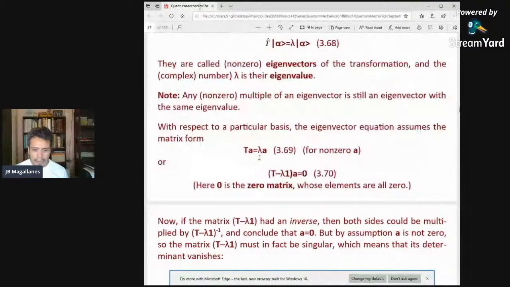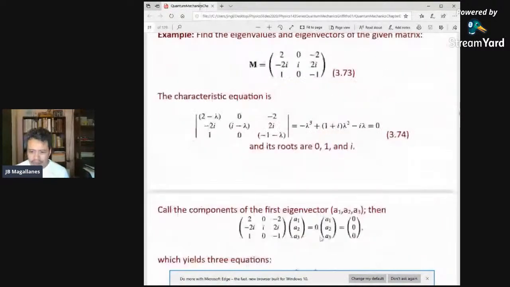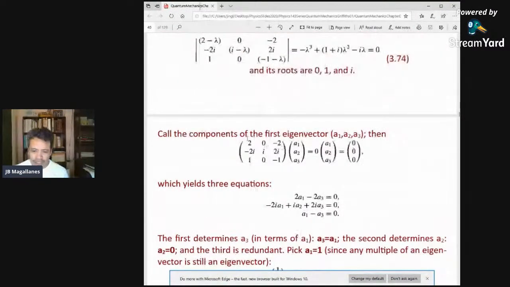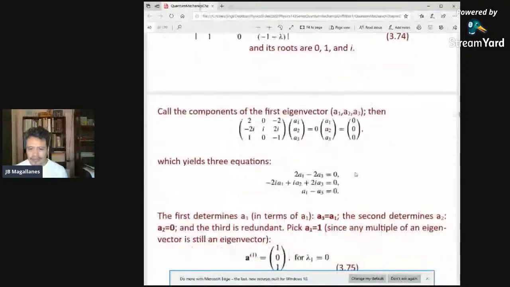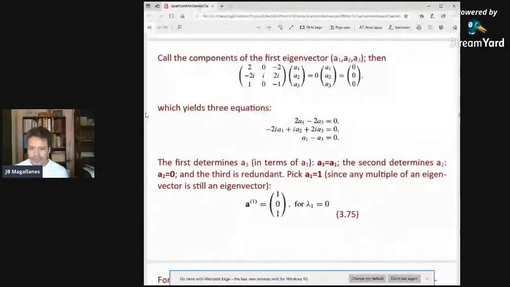This is your original matrix times the eigenvector equals the first eigenvalue, which is 0, times the eigenvector. If you multiply 0 to all components, that will give you everything 0. So this yields your three equations.